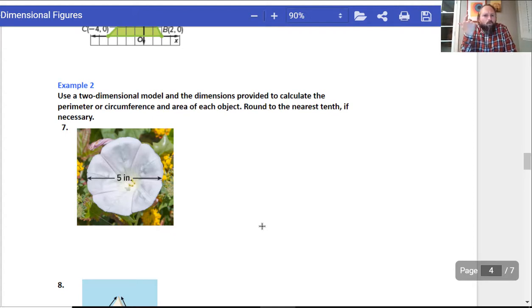So what is this asking? It's the exact same thing, but you have to figure out what shape you are going to do. So looking at this, it's a circle. So the perimeter is equal to the circumference, which is equal to d pi. What about this one? Well, the area is equal to pi r squared.